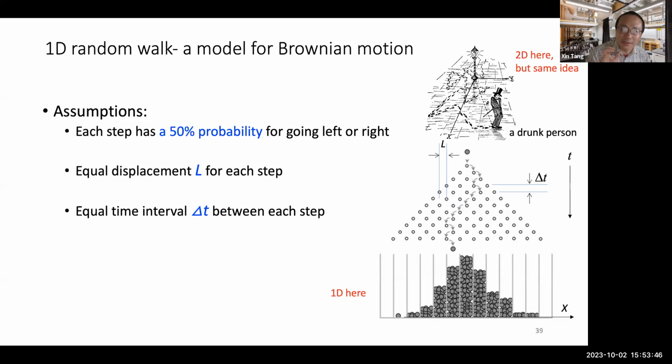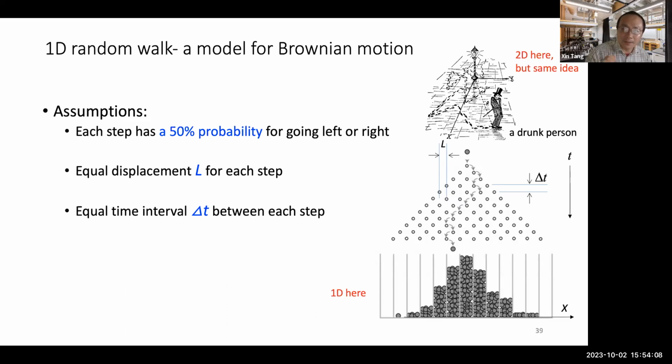That is why we say Brownian motion is the first important experiment that proves water molecules indeed exist, and it links macro scale observation to the micro or nano scale world.